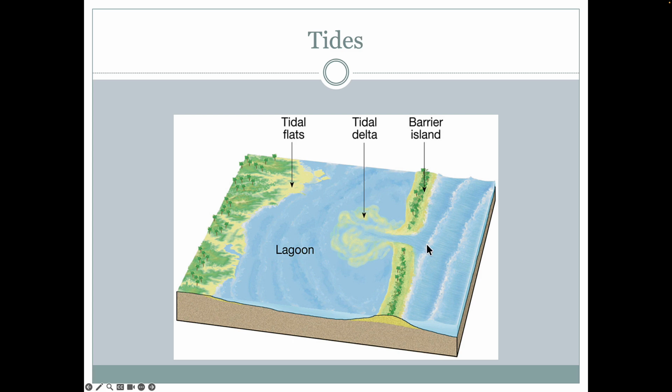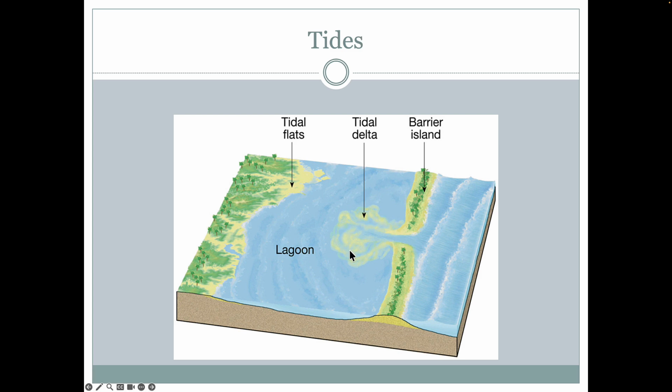So we can actually get deposition of sand and other sediment during flood tide when the water is moving through the inlet and into the protected area behind the barrier island or spit. And this sort of deposit is called a tidal delta because it is very similar to a delta. We have fast moving water, not through a river channel now, but through an inlet in a barrier island.